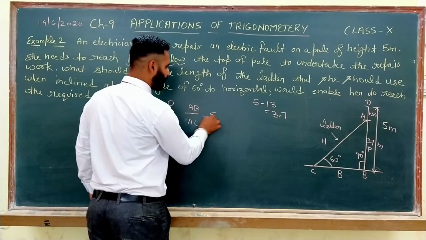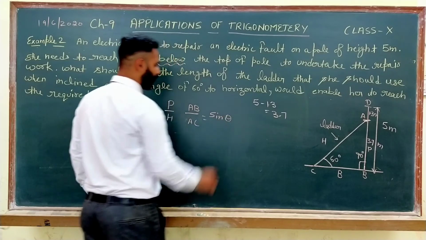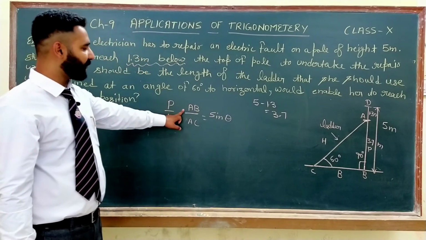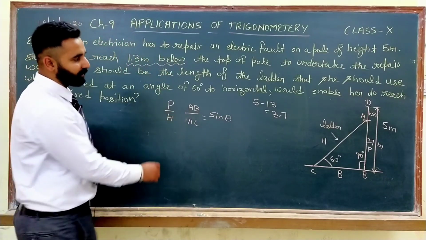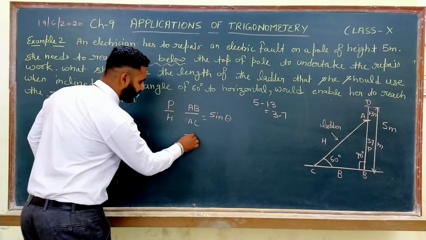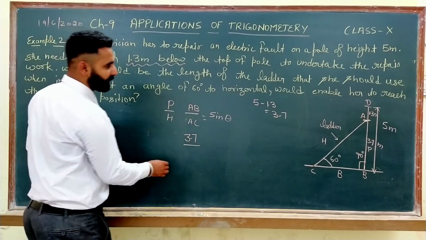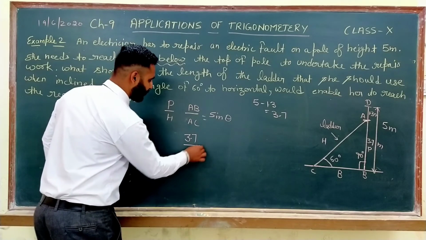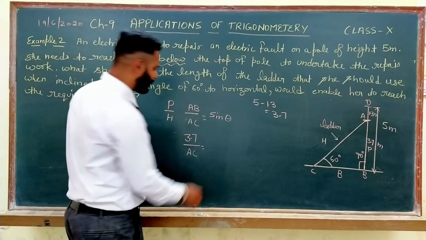Fine. And this is equal to sine theta. Substitute the values. AB is 3.7. AC we don't know. Sine theta, theta is 60 degree.